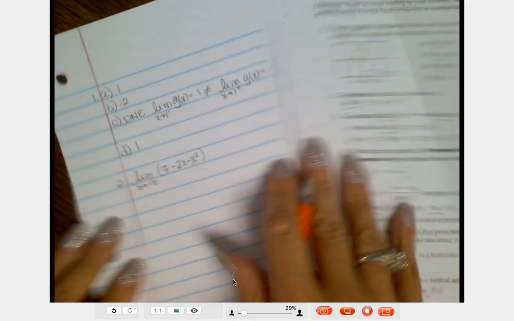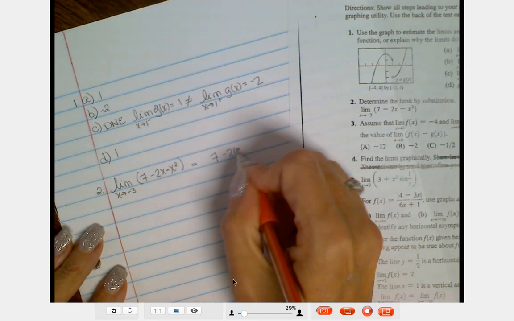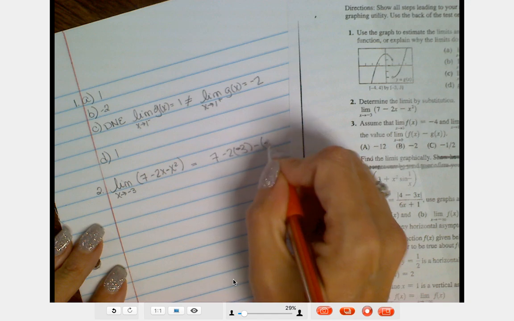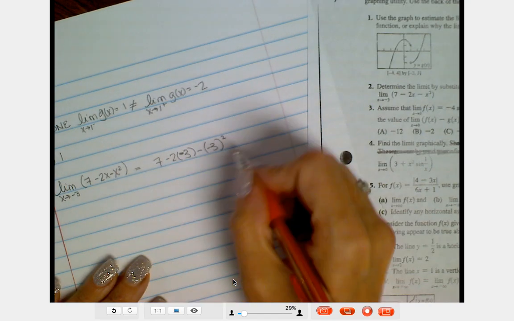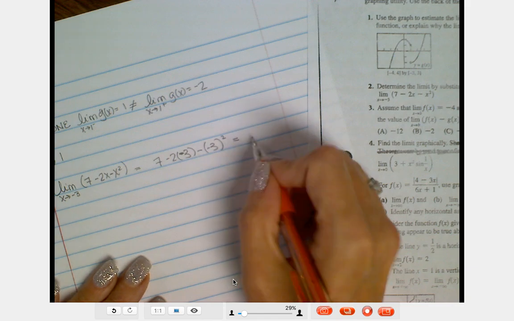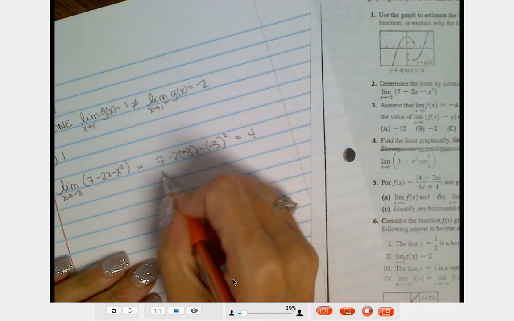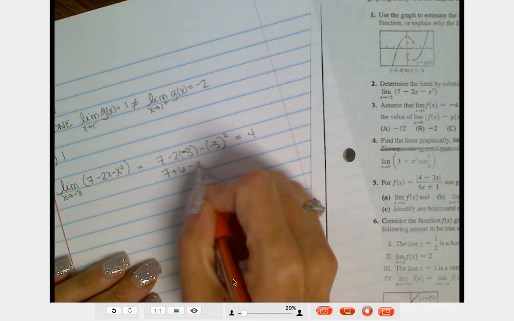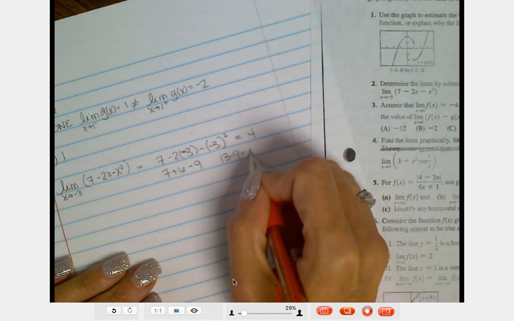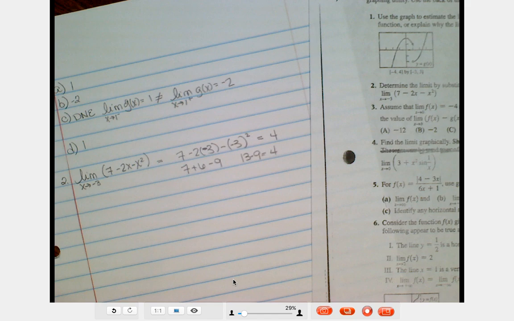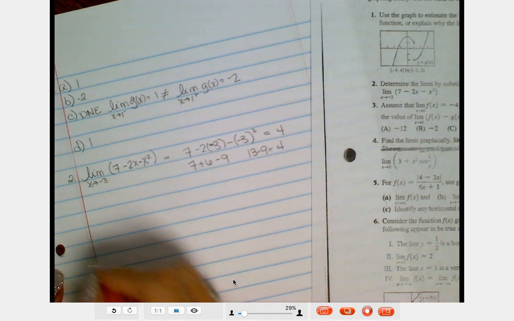So all you do is you substitute in a -3 where the x's are, and your limit on that one is 4. So that would be 7 plus 6 minus 9, which is 13 minus 9, which is 4. Okay, so let's look at 3.